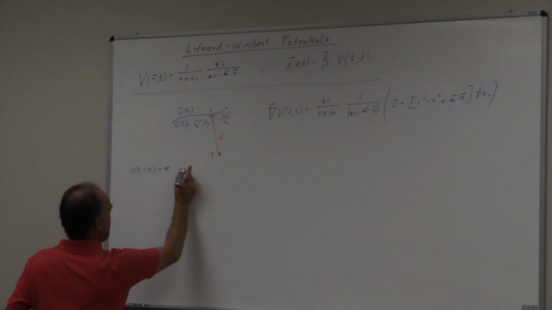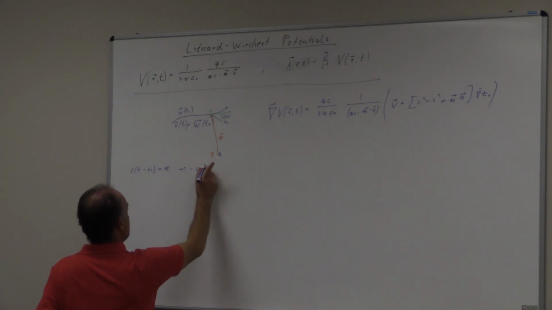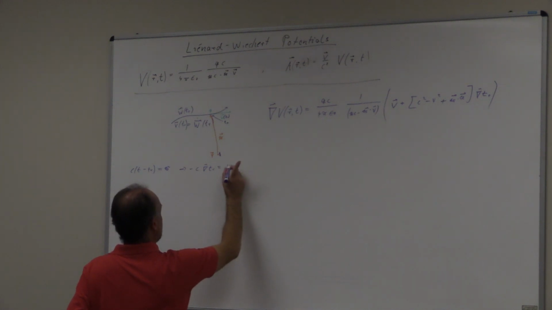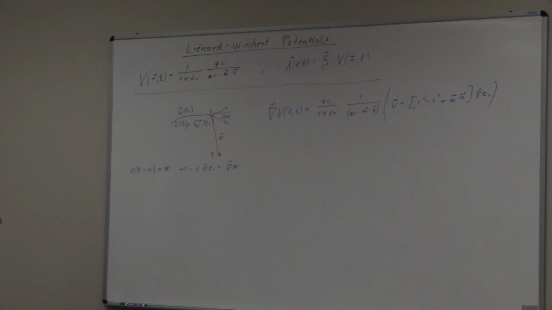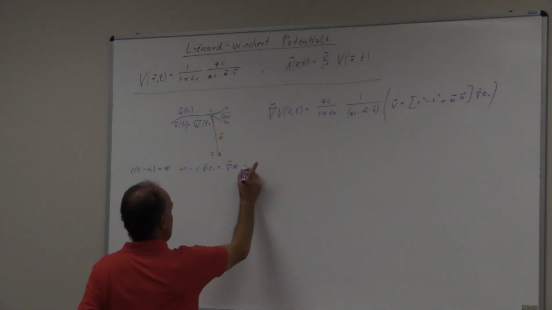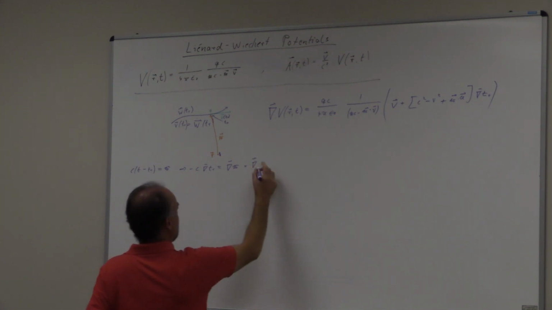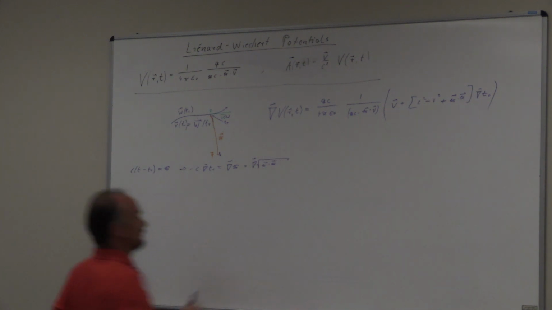So that means minus C gradient of TR is simply just the gradient of this length R, the gradient of our distance R. We can write that as gradient, the length R is of course the square root of R dot R, right?